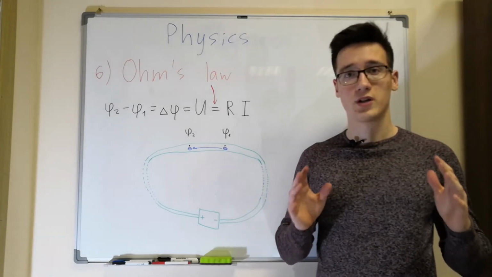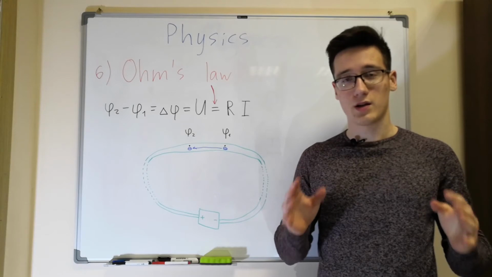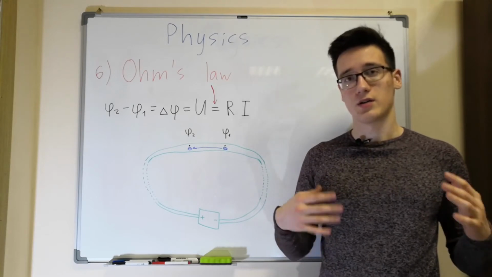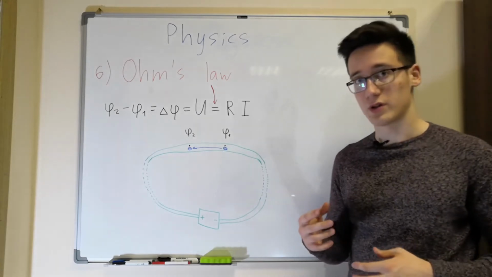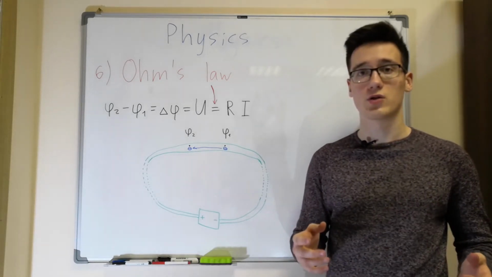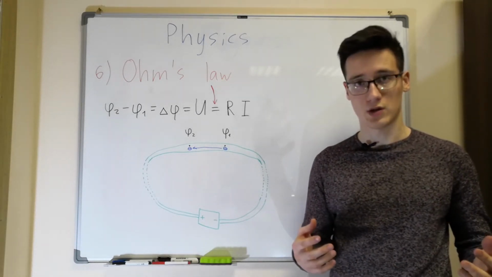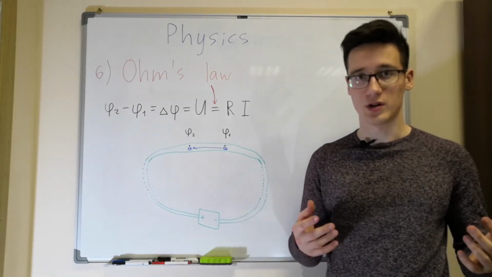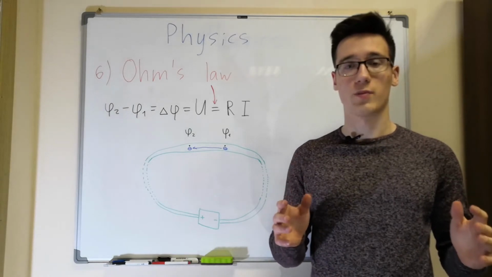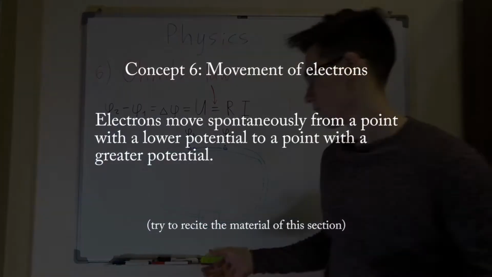The important point here is that when electrons are placed in an electric field, they will move from a point with a lower potential to a point with a higher potential. This concept is actually important for redox reactions, which we'll talk about in subsequent lectures.